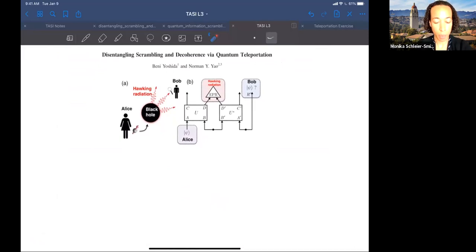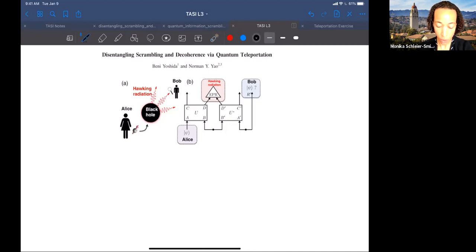This is inspired by a thought experiment due to Hayden and Preskill about the question of if Alice, in the original paper, Alice throws her diary into a black hole because she's trying to hide her private thoughts. But actually, from the Hawking radiation that leaves the black hole, Bob has a way of deciphering Alice's diary. And there's a specific protocol for doing this.